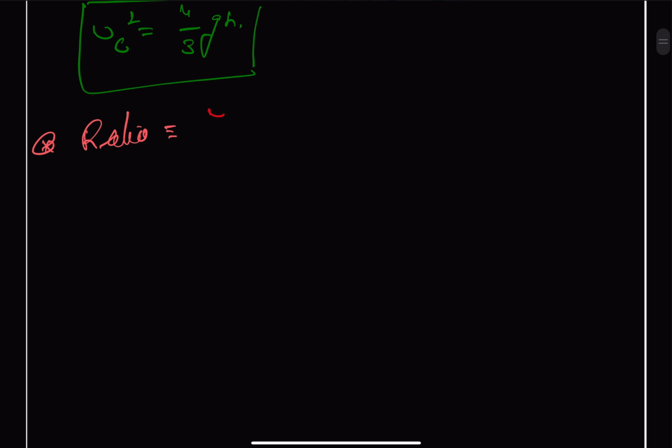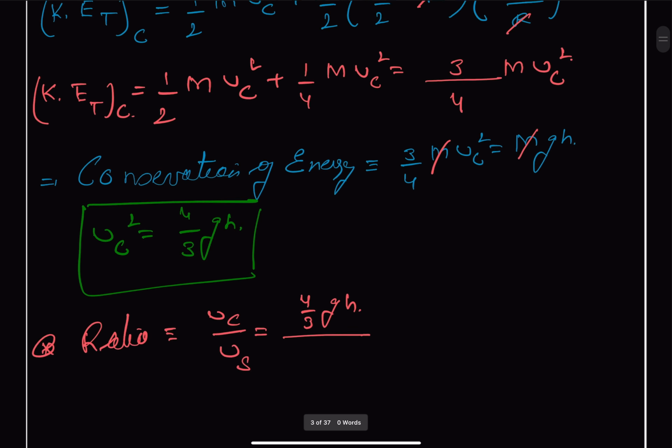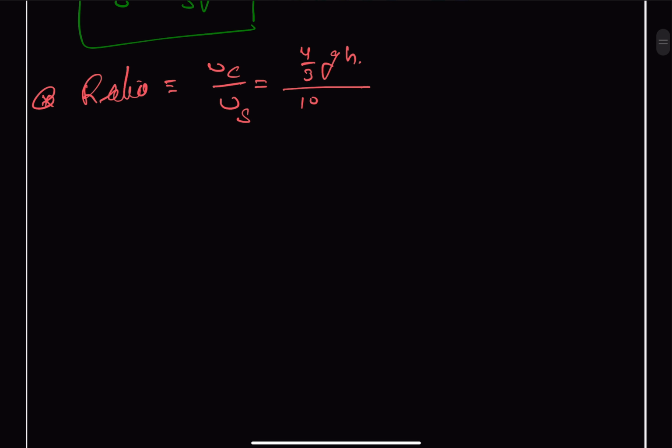So we have Vc upon Vs will be equal to 4 by 3 GH, and this is 10 by 7 GH, and this is our whole square.